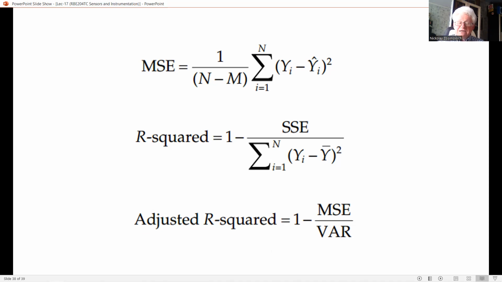This is taken into account in the adjusted R squared, which is defined by this expression, where MSE is the mean square error. I hope you remember, right? And VAR is the simple variance of the data.